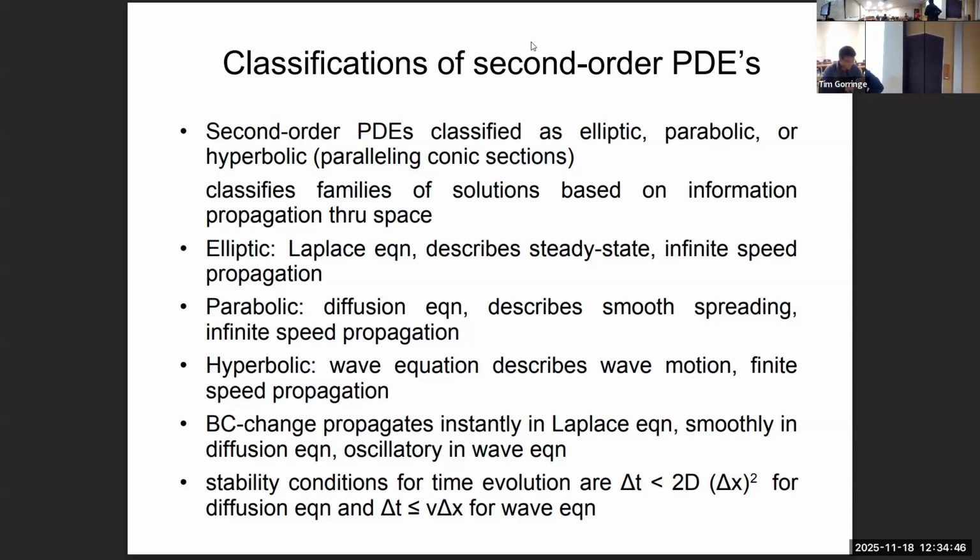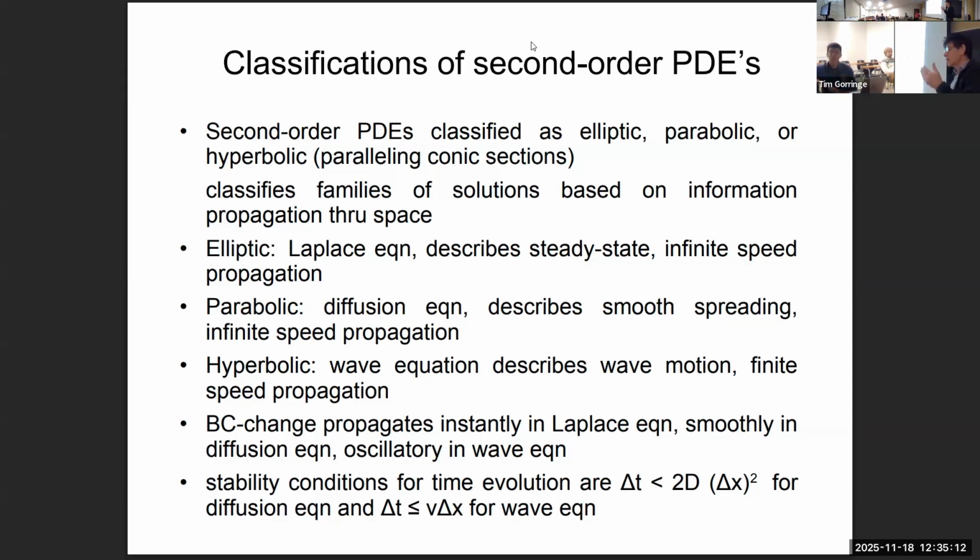So these 3 partial differential equations, Laplace's equation, diffusion equation, and wave equation, cover 3 distinct categories of partial differential equations. And they're given names: elliptic, parabolic, and hyperbolic. It's kind of an analogy.